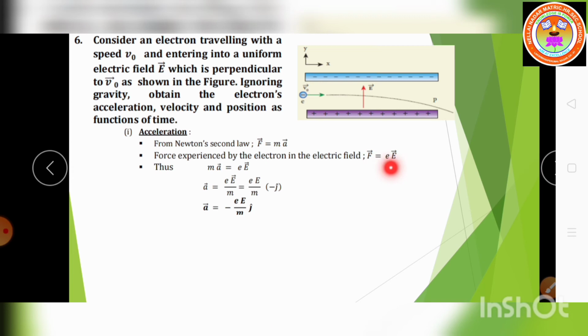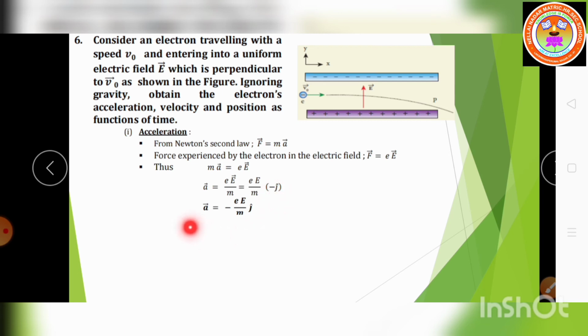Understand? Now equating the two, we write m a vector is equal to e E vector. So a vector is equal to e E vector by m, as m goes to the denominator. Since it is accelerated in the downward direction, along the negative y-axis, that is minus j cap.